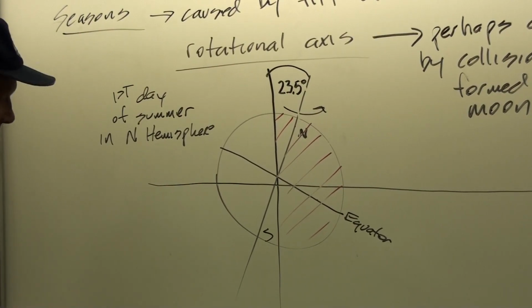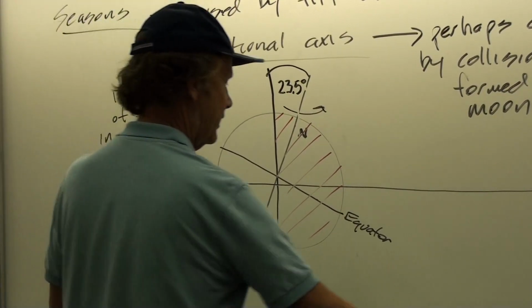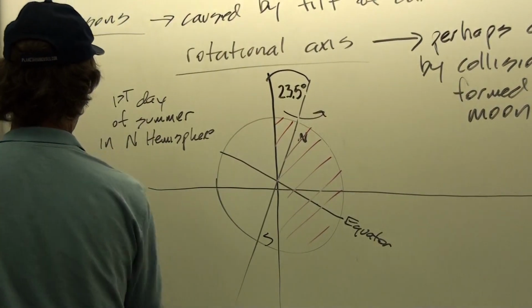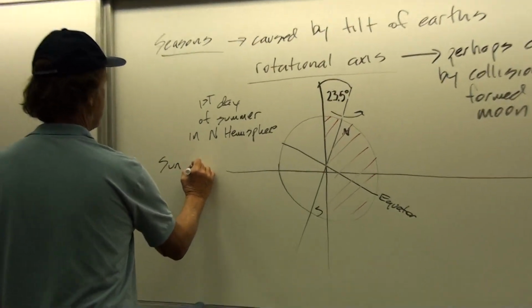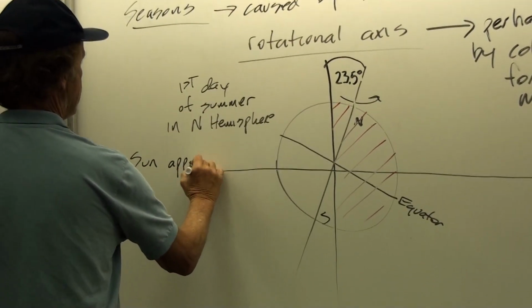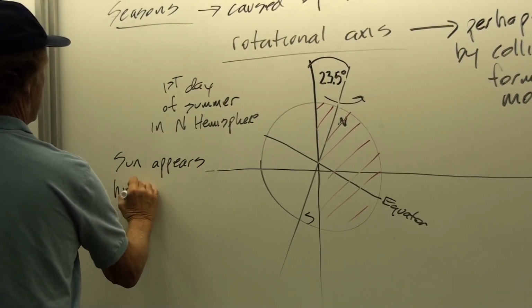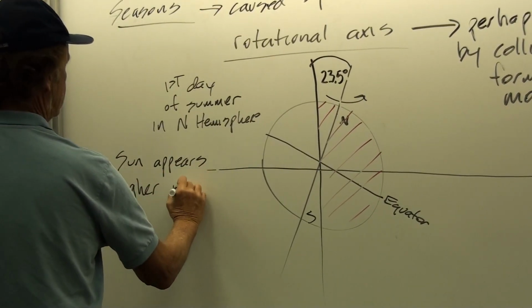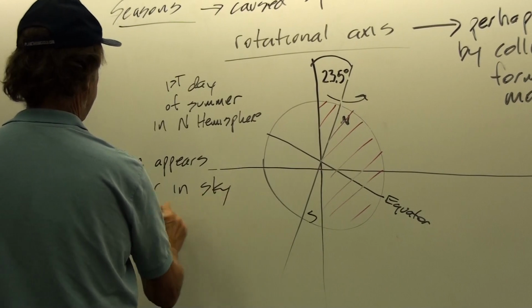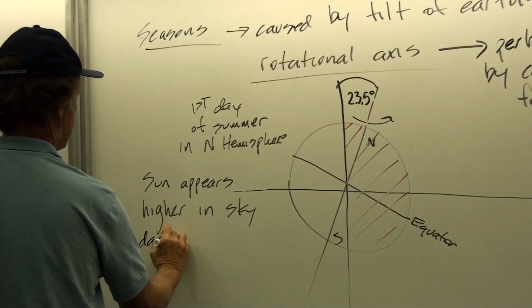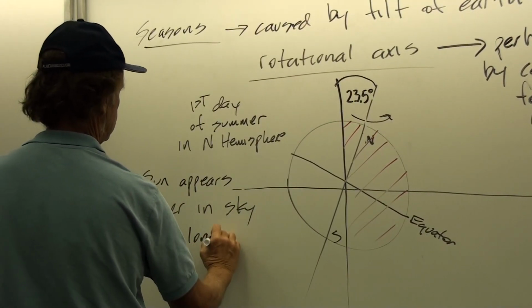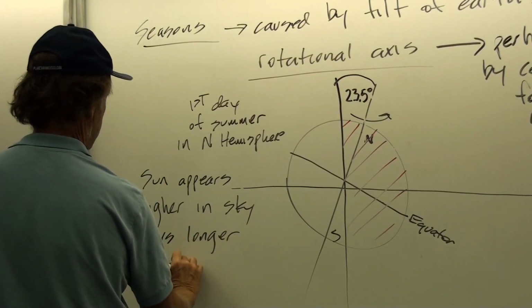So associated with this then, we have the sun appearing higher in the sky. The days are longer. The night's shorter.